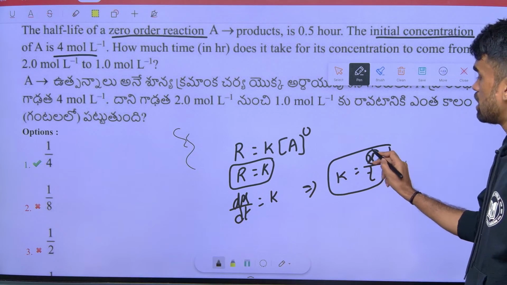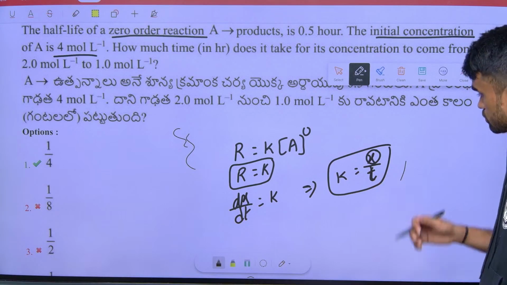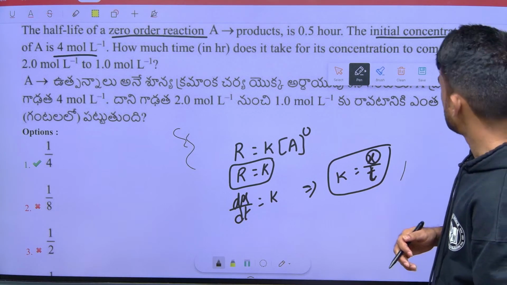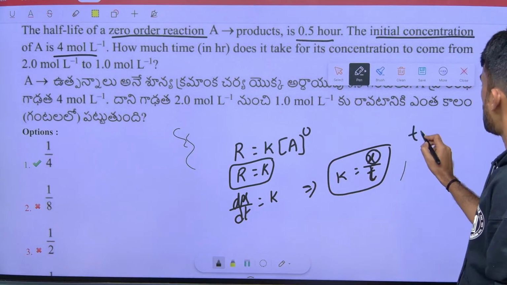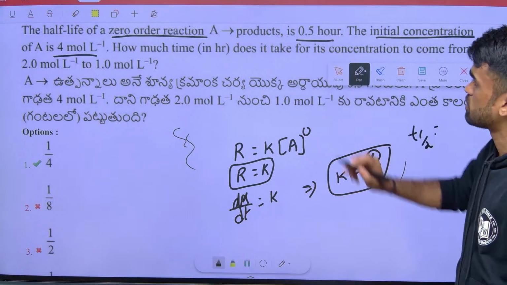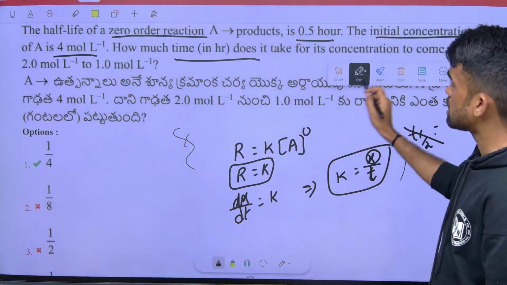So x is the concentration of the reactant at a time t. So what are they asking? The half-life is given. For t half, they are asking about the time required for conversion from here to here.